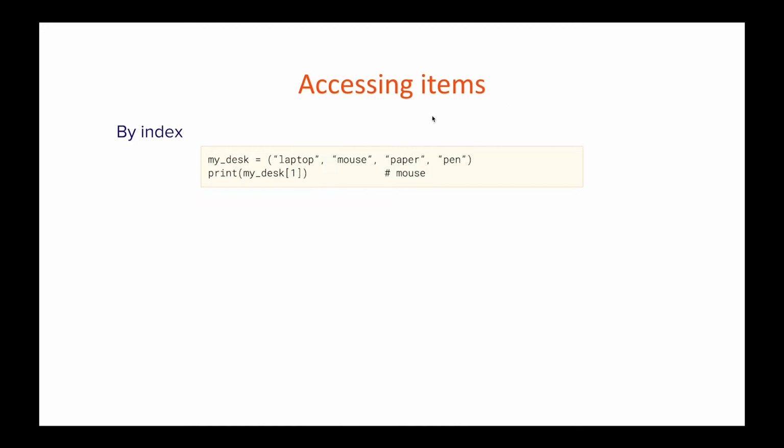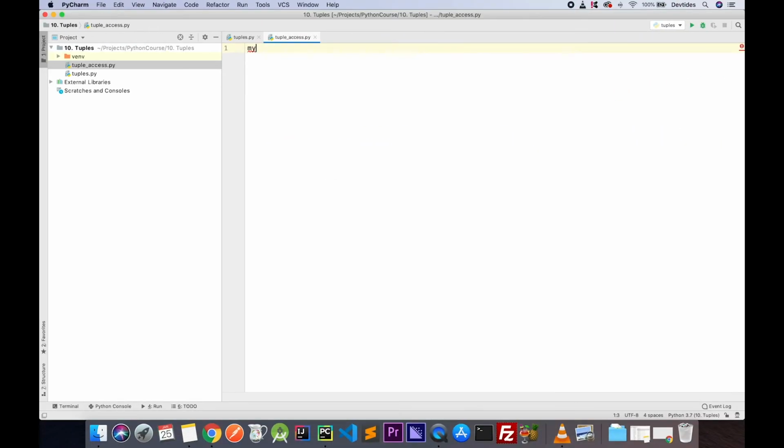So here we have an example. We have my desk, which has four elements in the tuple. It has laptop, mouse, paper, and pen. And if we try to access the element with index 1, which is mouse, we're going to be able to print that out like this. Remember, collections start at 0. So let's go ahead and put that in code.